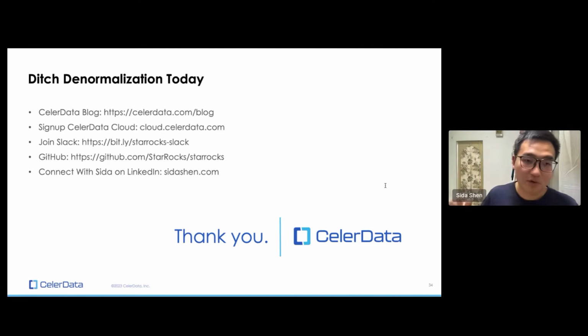So all of the OLAP databases that we talk about, like ClickHouse, StarRocks, or even Druid, they're all columnar stores, right? So storing data in a columnar format is better for OLAP workloads, right? You're always taking data in big chunks by column. You're not updating row by row like for transactional databases, right? So that way we're way faster than MySQL or Postgres.